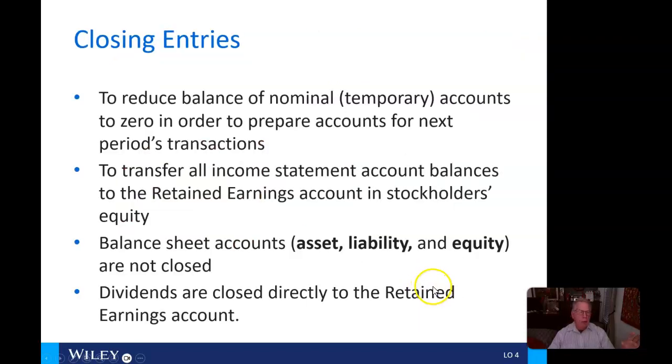Okay, now to do the closing entries. What we do is we zero out the income statement, temporary accounts, and dividends. All the income statement account balances and the dividends are closed.